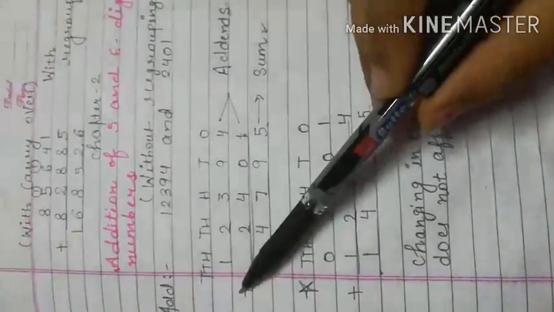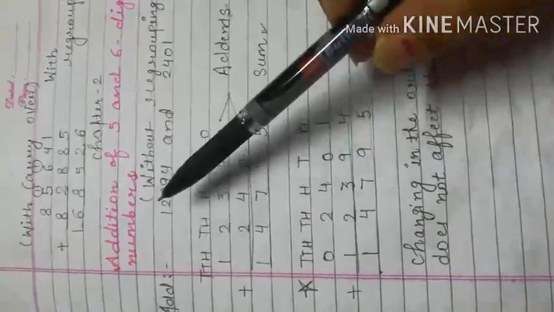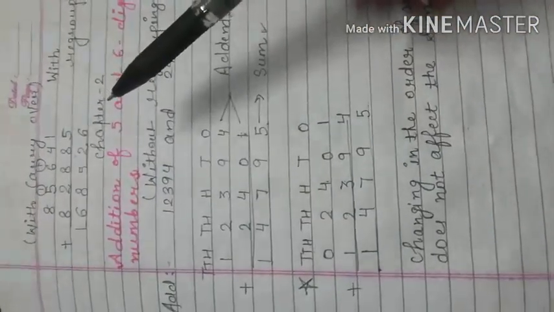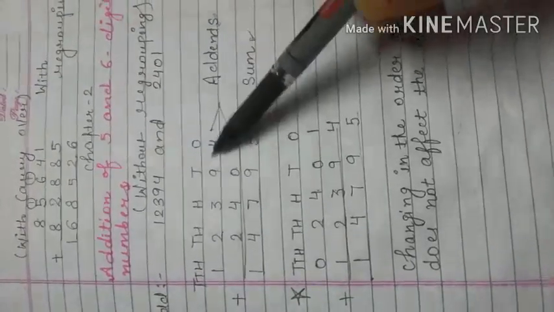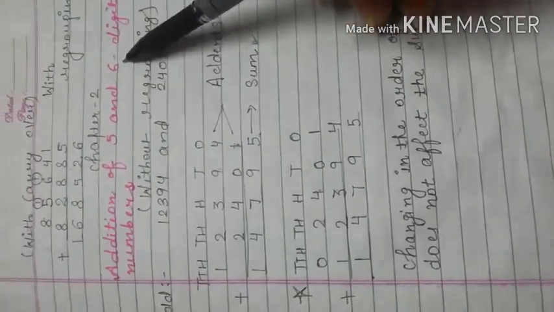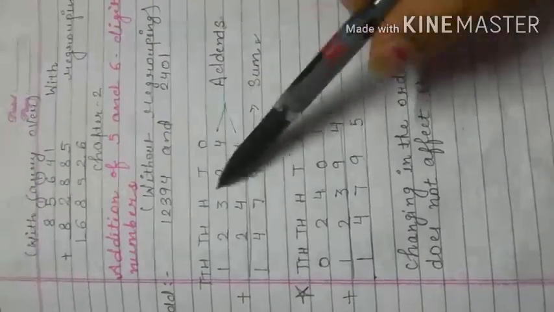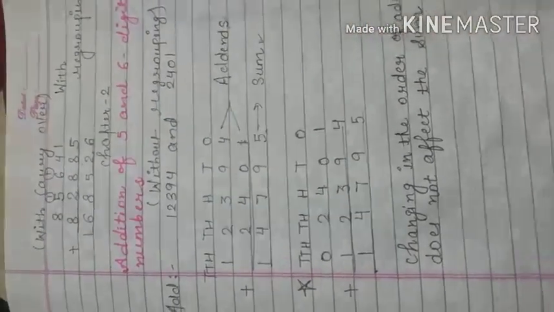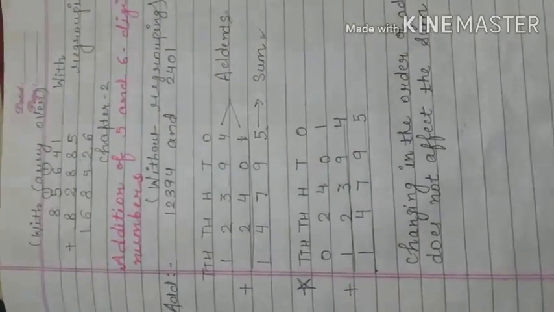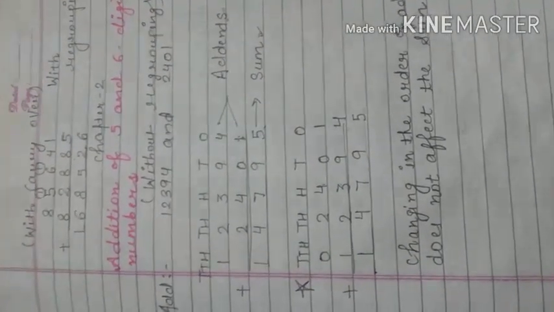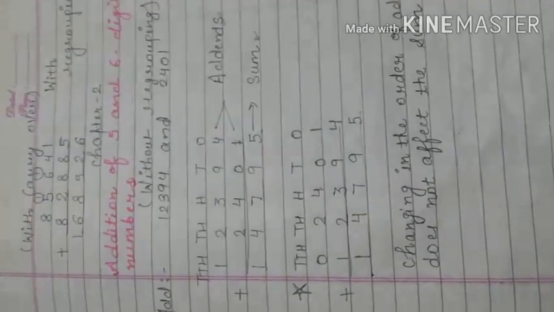Then lakh and then 10 lakhs. Right? Because we are adding 5 and 6 digit number, so you should know all these places. Just arrange the numbers in columns properly and solve the assignment that I am sending you.